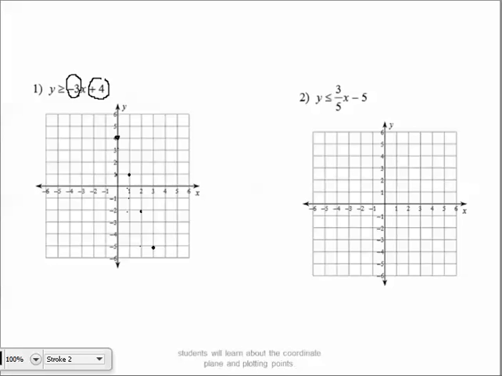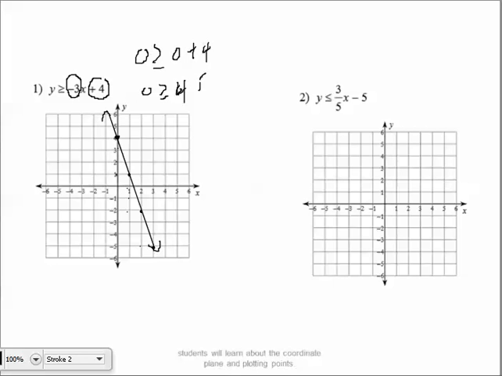I want you to notice that this is a greater than or equal to. That means it is a solid line. So when I connect these with a solid line, that is a good thing. I'm going to put arrows on the end of it. It doesn't go through 0, 0. So if I use 0, 0 to determine which side to shade, I get 0 is greater than or equal to 0 plus 4, or 0 is greater than or equal to 4.